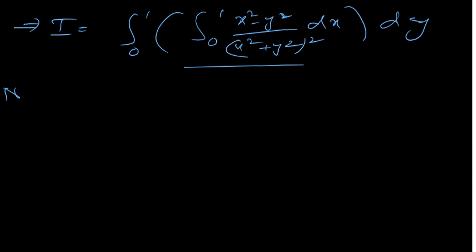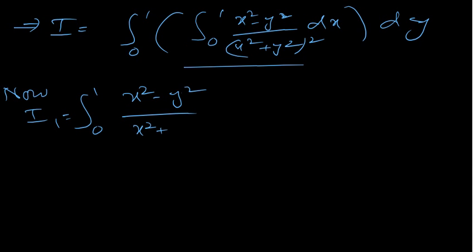Now in this integral we treat y constant. Integral 0 to 1, let's denote this by I1. Okay, integral 0 to 1 x square minus y square divided by x square plus y square whole square dx. Okay, let's try to evaluate this integral. This is a very simple technique that you have already done in the 12th class. Okay, this y is treated as constant.